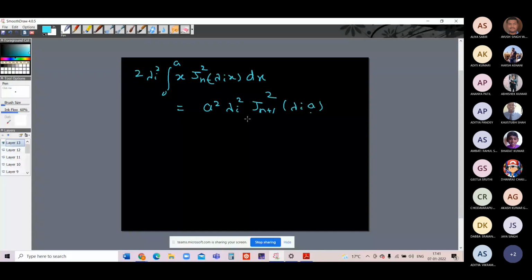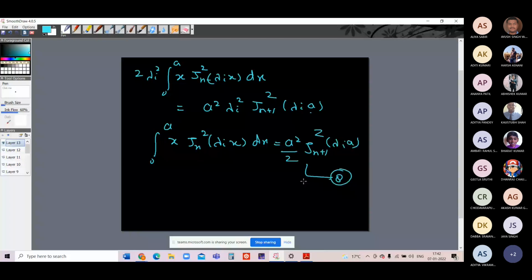Lambda i square cancels from both sides. So finally we get integral from 0 to a of x Jn square lambda i x dx is equal to a square by 2 Jn plus 1 square lambda i a. Say that it is equation number 8.